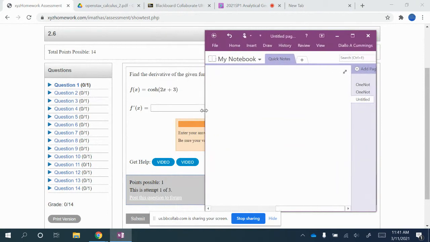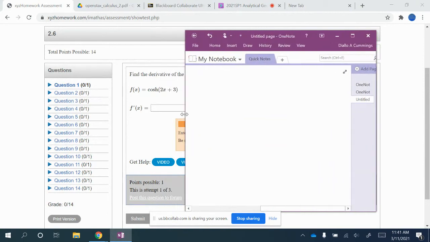All right, so here we're asked to find the derivative for the hyperbolic cosine of 2x plus 3. And I should make this a little bit bigger.